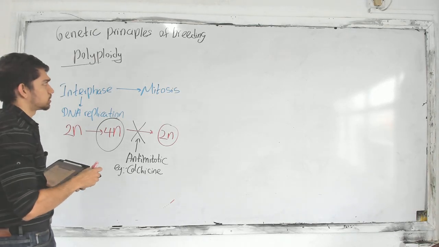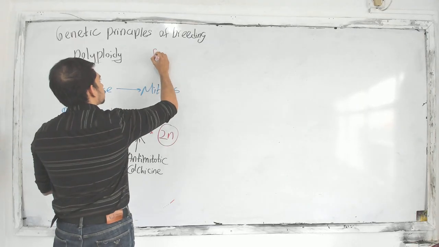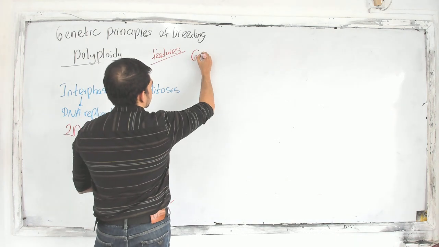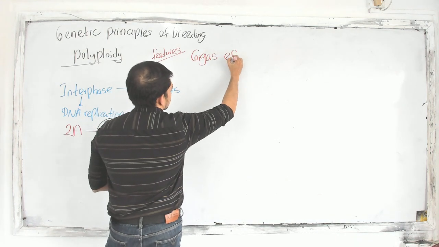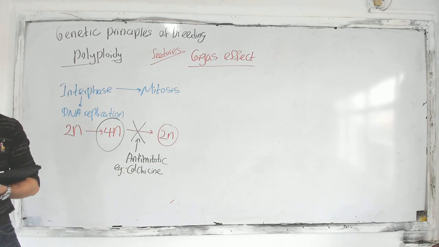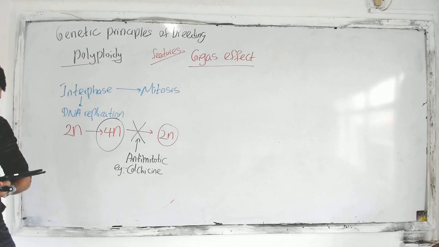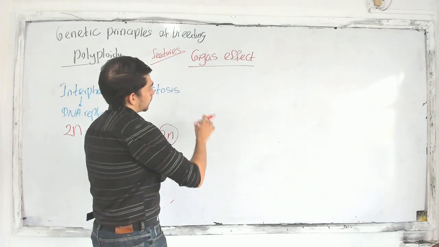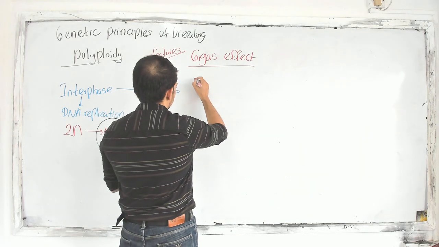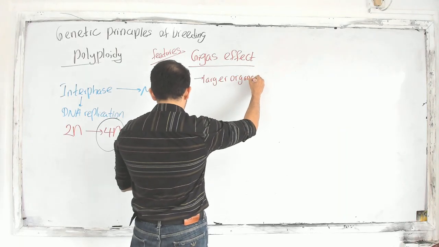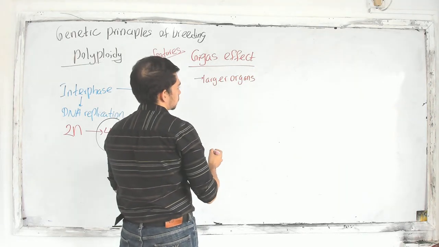What are the things that you can see in polyploidy? Features of polyploids. There's something very important called the Gigas effect. As the name says, Gigas effect means polyploids have larger organs. What are your larger plant organs?